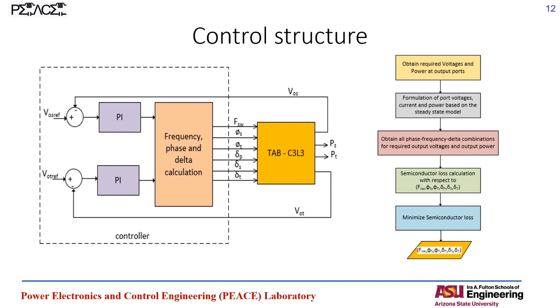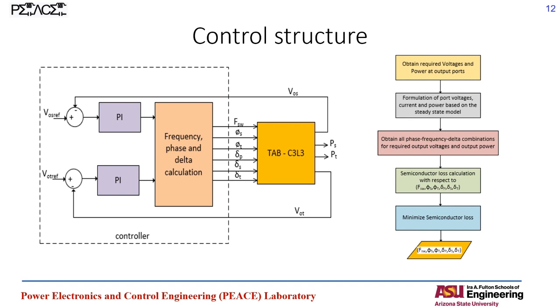The way it operates is that initially we provide a certain value of the power and the voltage we need at the output, and based on that, it solves the equations provided previously analytically to figure out the values of the frequency, the phase, and the deltas.